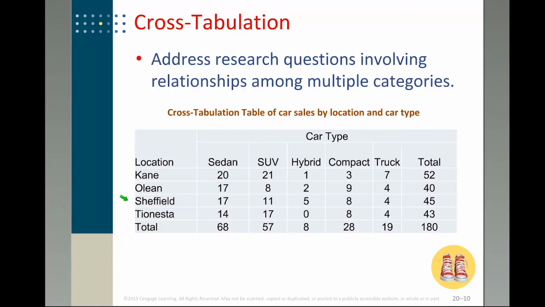Actually, Kane and Honesta, they sell more SUVs than sedans, but for the other 2 locations, they sell more sedans. Okay, so from the cross-tabulation, we could find some patterns, and it's very useful.